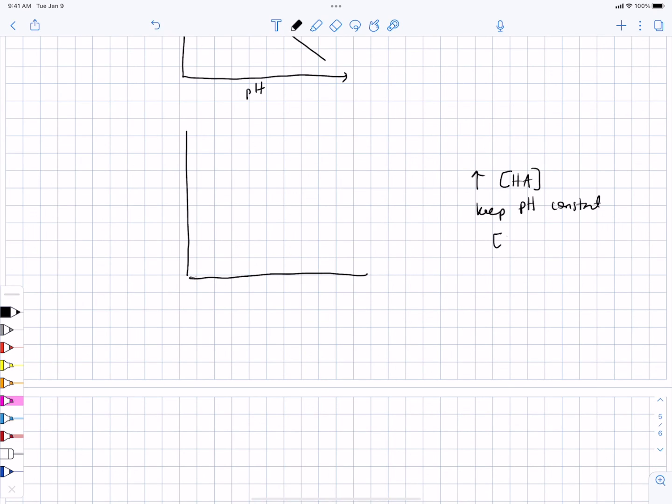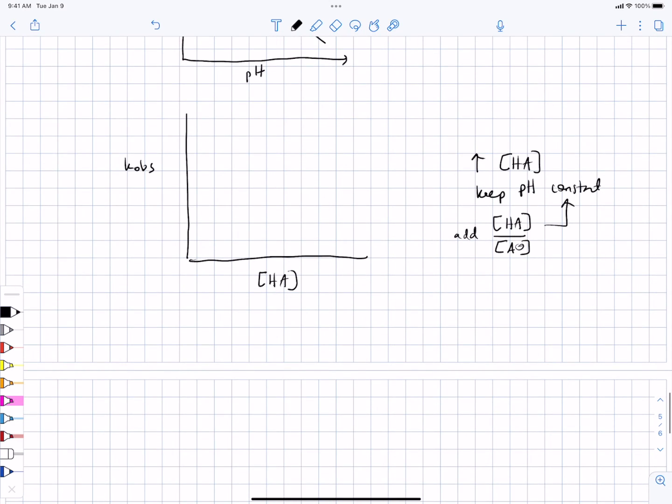Well, you just put in the ratio of HA to its conjugate base to keep pH constant. But we'll just show the concentration of HA. It turns out that if you control pH, increasing the concentration of acid doesn't actually change the reaction rate.